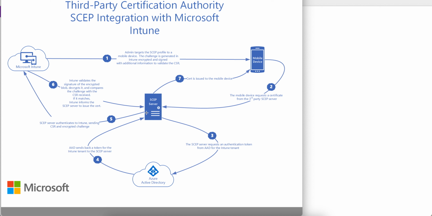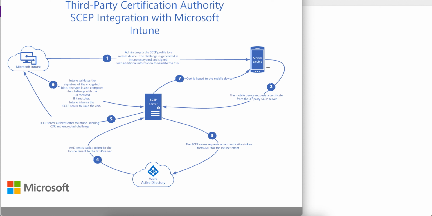In the fifth step, the SCEP server authenticates to Intune, sending the CSR with the encrypted challenge. In the sixth step, Intune validates the signature, decrypts the payload, and compares the challenge with the CSR received. If it matches, Intune informs the SCEP server to issue the certificate, and then the certificate is issued to the mobile devices.